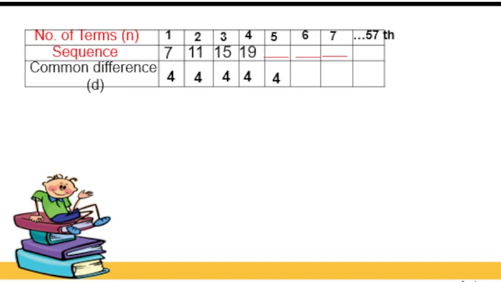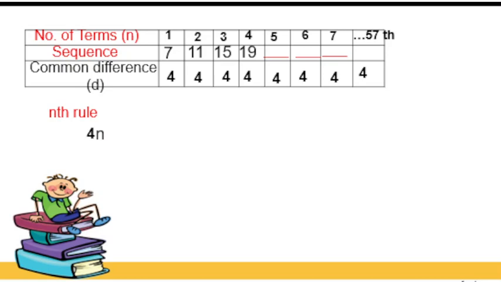So, again, the common difference is equal to 4. Since the common difference is 4, we can bring down the 4 to start with the nth rule. And then, since the first term is 7, let's put the n.